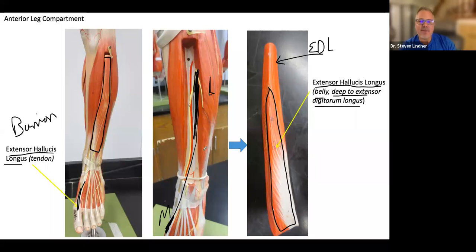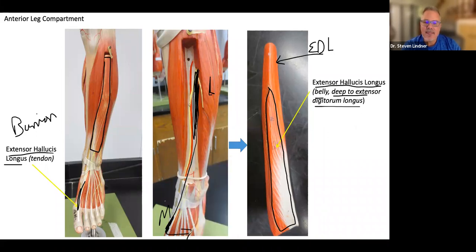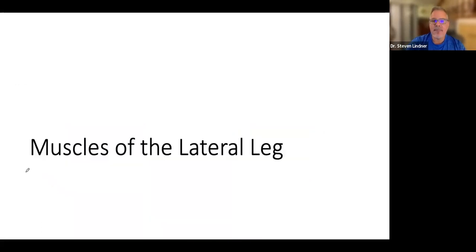When you have something pulling in two opposite directions, it's going to bring that great toe in that direction, creating that bunion. So the EHL, the extensor hallucis longus, is involved with bunion formation.